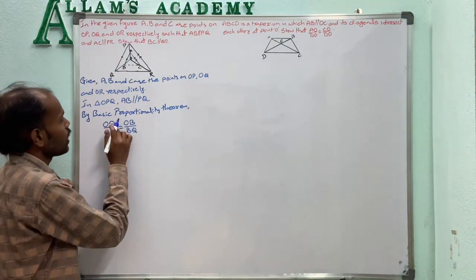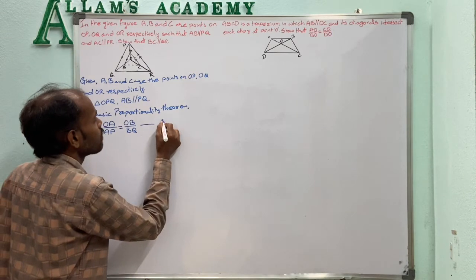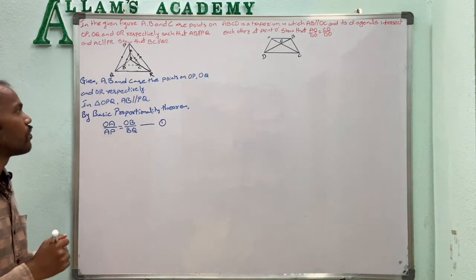Now this OA by AP equal to OB by BQ, we take as equation 1.